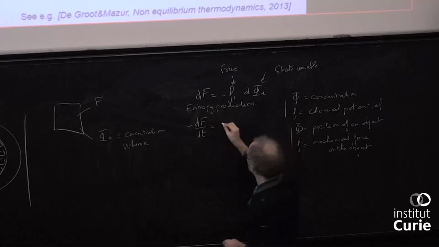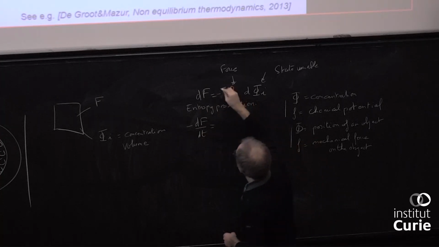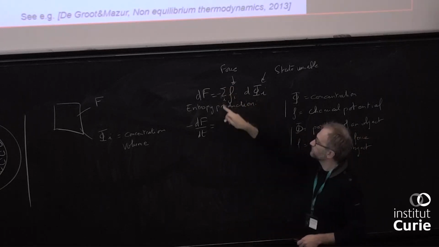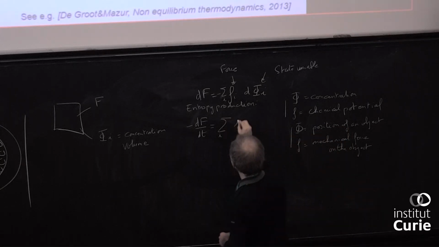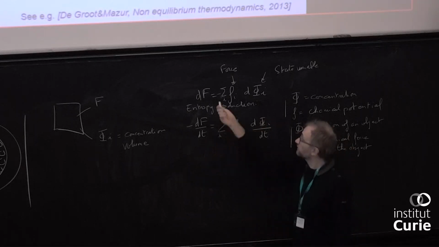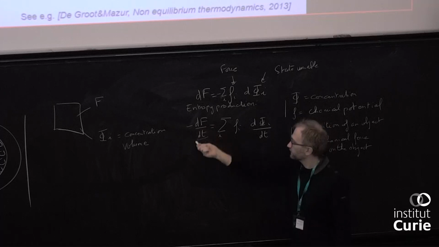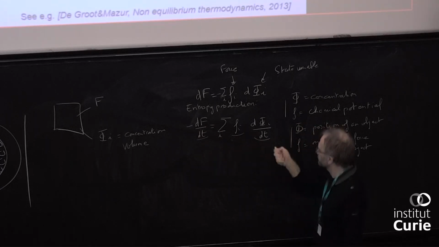to differentiate. Sorry, I should have said here I use I, so I assume implicit Einstein summation. If I do it explicitly, I have a summation here. Then if I take the time derivative, I find that the entropy production, the time derivative of the free energy of the system, is a sum of thermodynamic forces times fluxes.